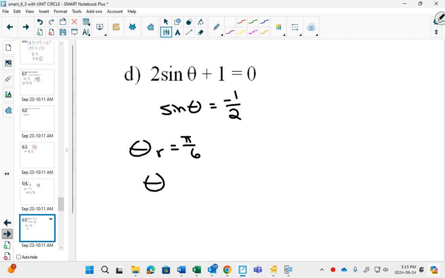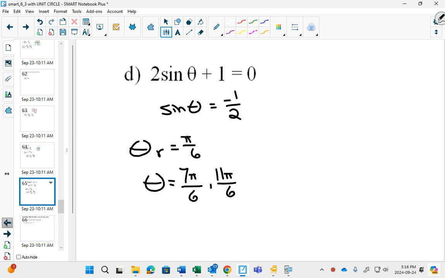Then, which quadrants should it be in? Quadrant 3 and quadrant 4. So we use the cast rule. We need to know our first quadrant, and then we can do all of this mental math and solve them quickly.